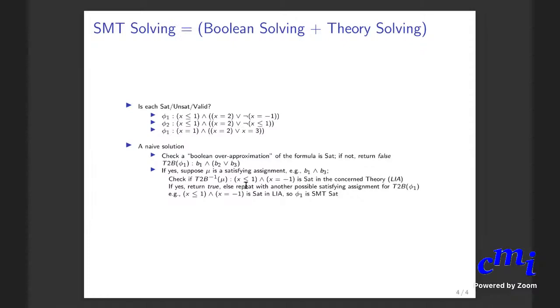So for that particular satisfying assignment of the Boolean formula, when you put the atomic formulas back, you get x less than or equal to 1 and x equal to 1.